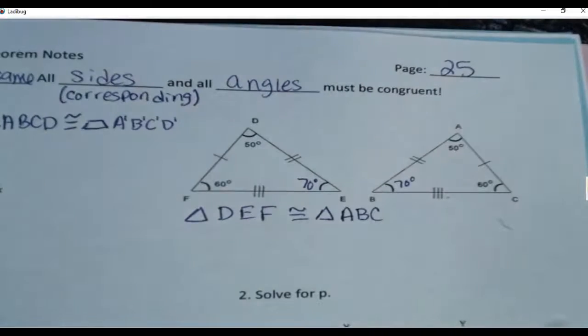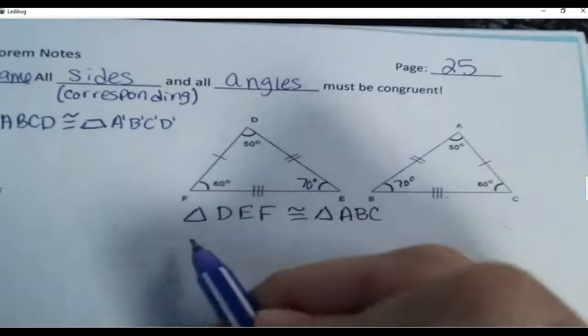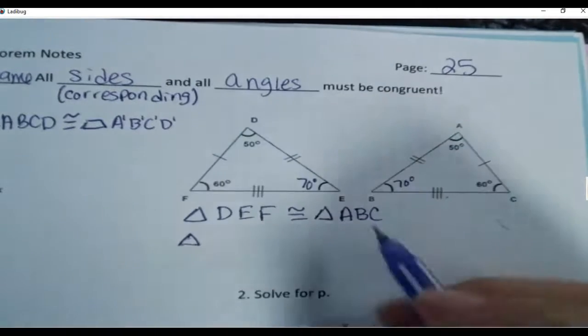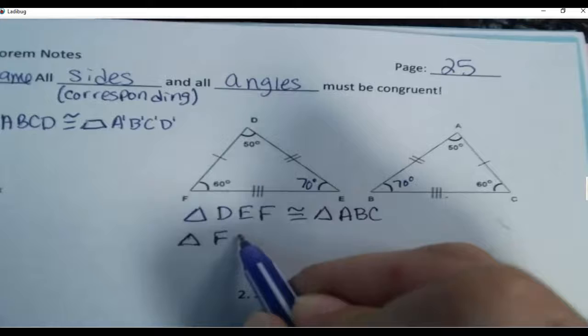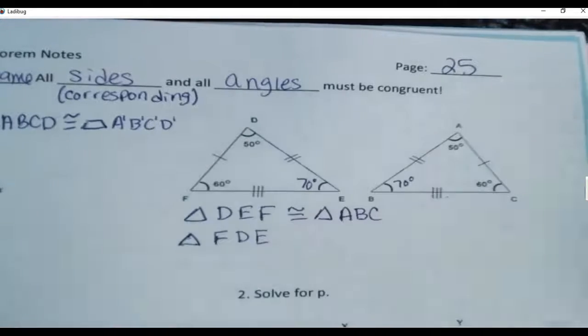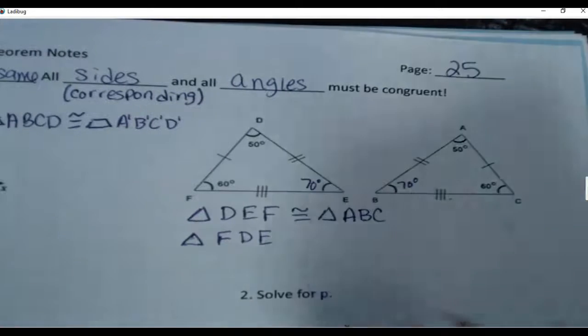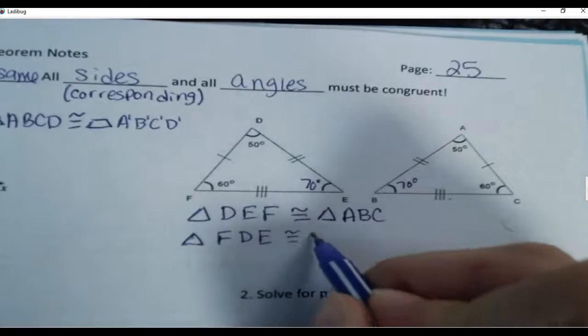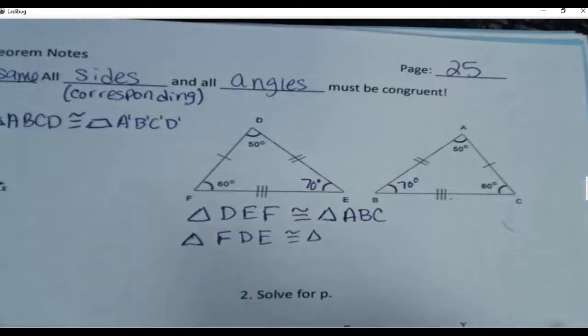Good. Okay, so the first order you put it in whatever order you want. But then for the second order you have to match them. Okay. So we could have said a different way. We could have said triangle FDE is congruent to triangle, and then again we can just match them.